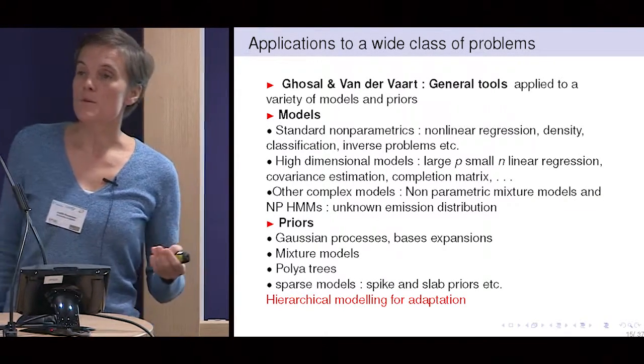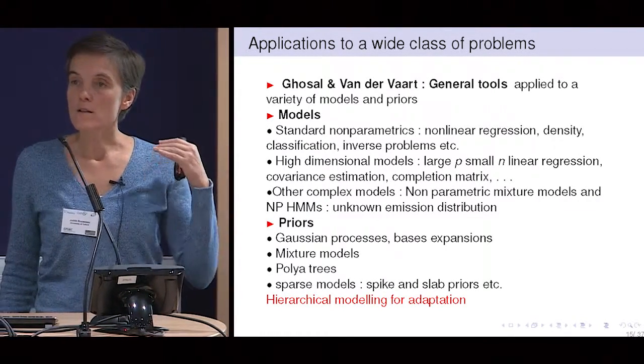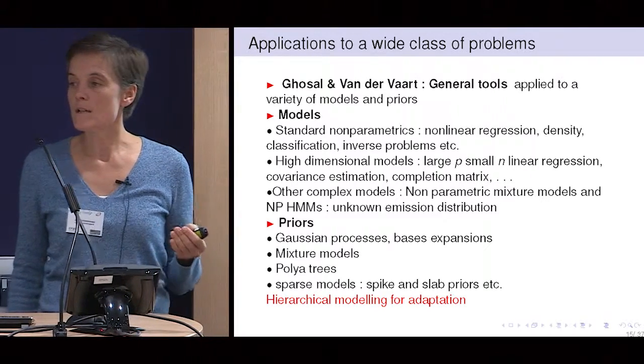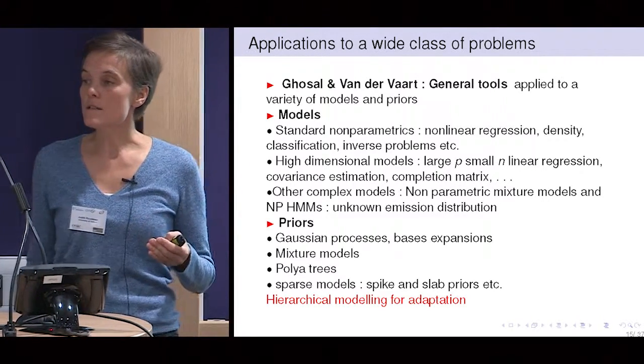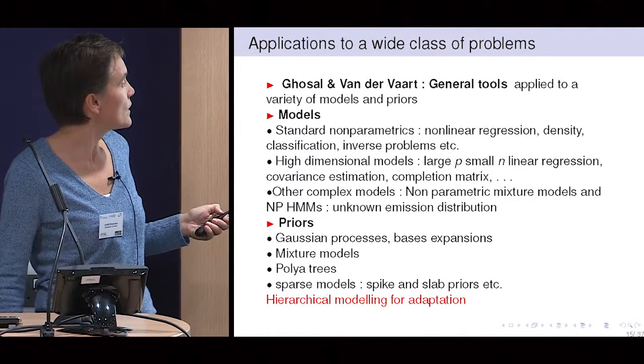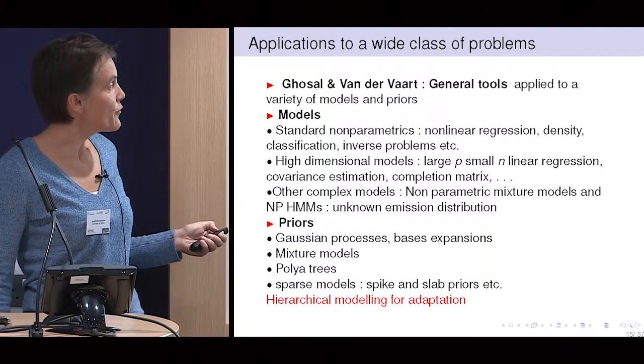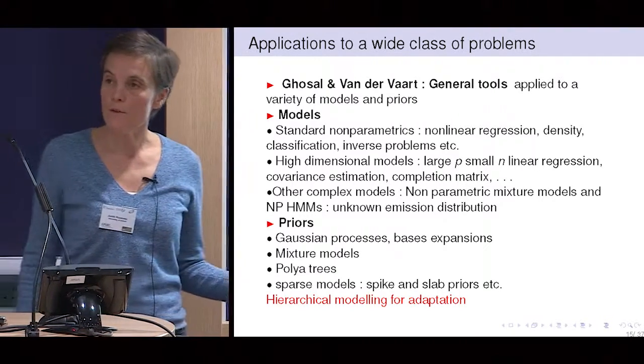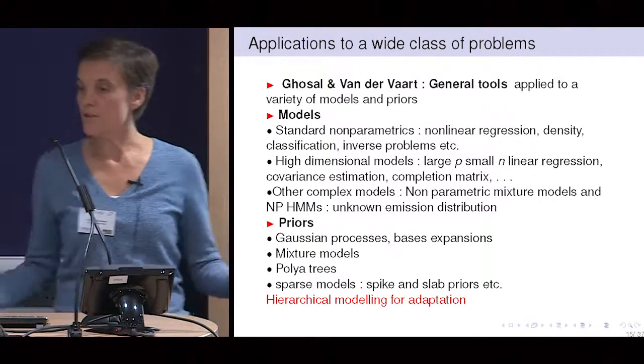This is a well-known subject to some extent. There is a huge literature now over the last 10 or 15 years on that, thanks to the work of Ghosal and van der Vaart. They were really the beginners of the story. All sorts of models have been considered, all sorts of priors, and all combinations of that.